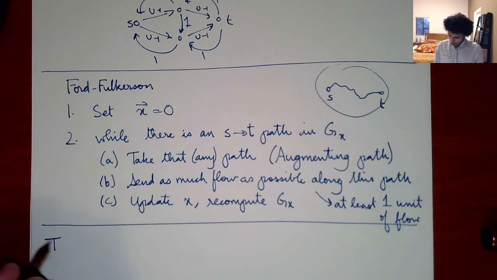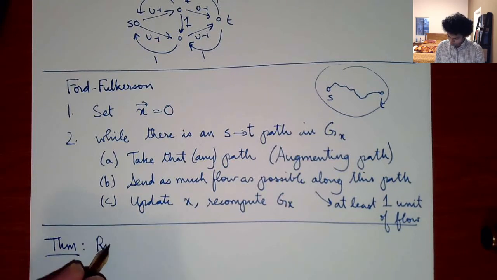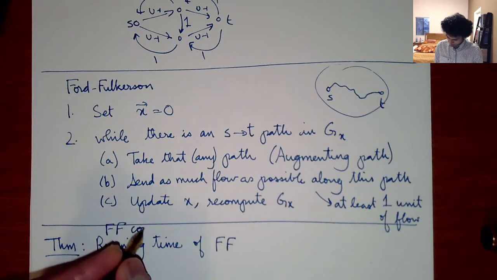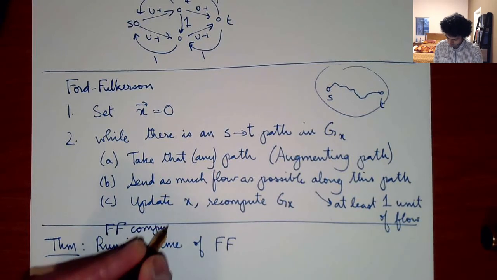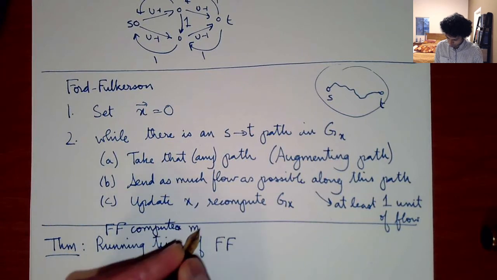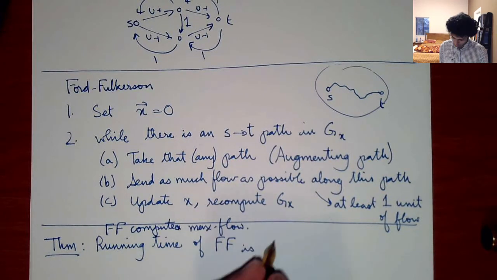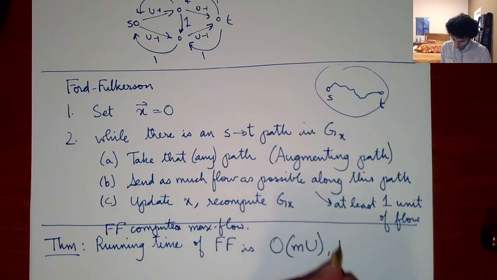And so you have the fundamental theorem of Ford-Fulkerson, that Ford-Fulkerson computes the max flow. And the running time of Ford-Fulkerson is O of m times u, where u is the max flow.